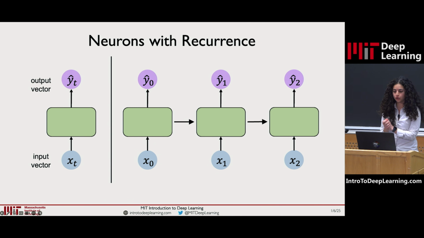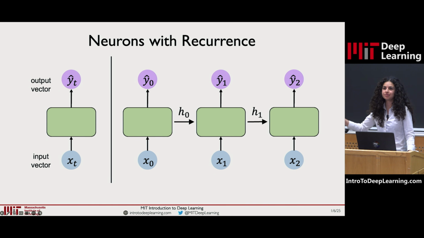Maybe we can make this concrete. We can define a variable, we'll call it an internal state, h of t, that's maintained by the neurons in this network. And we pass the state on time step to time step across time. And our goal is to maybe imbue this internal state with some notion of memory, right?